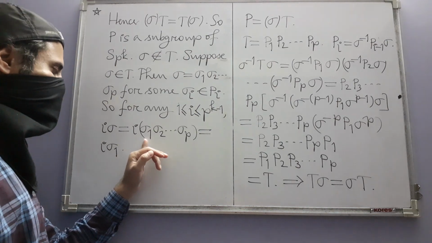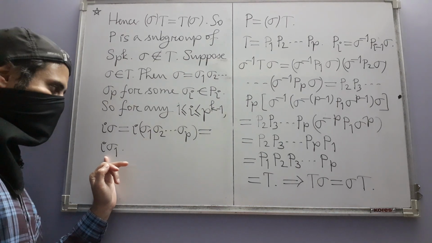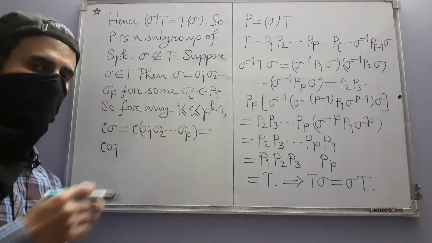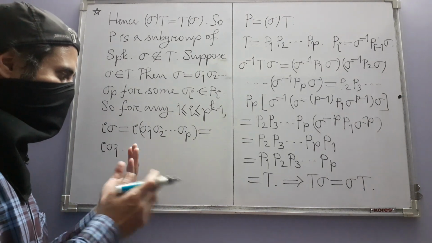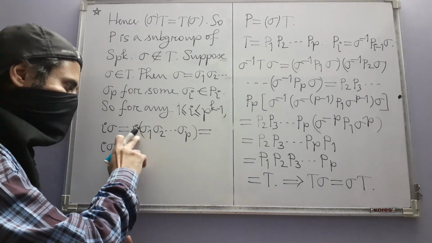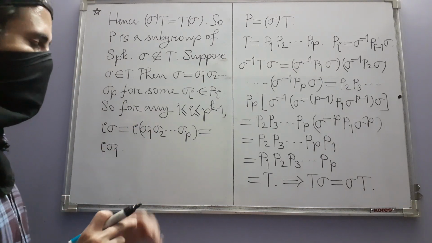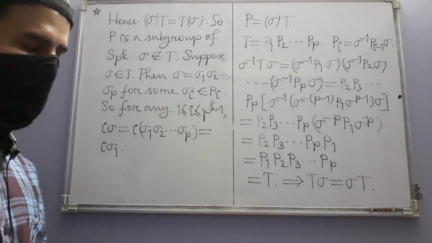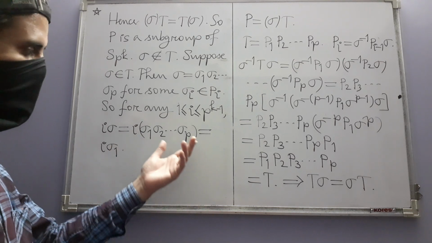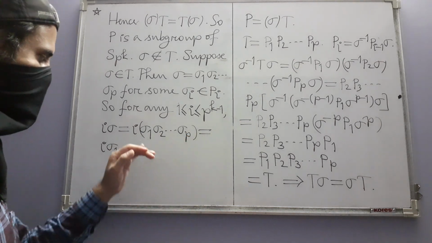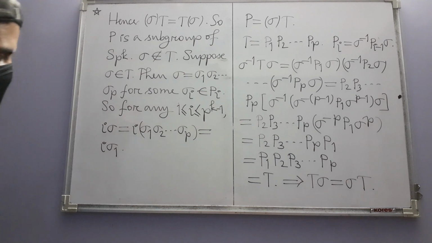How am I able to write suddenly only this? That's because you can change the orders of these things, right? They commute among themselves. So if you bring sigma 2 in the front, then I sigma 2 is I. So like that sigma 2 vanishes, and like that everything else vanishes. Only sigma 1 remains.